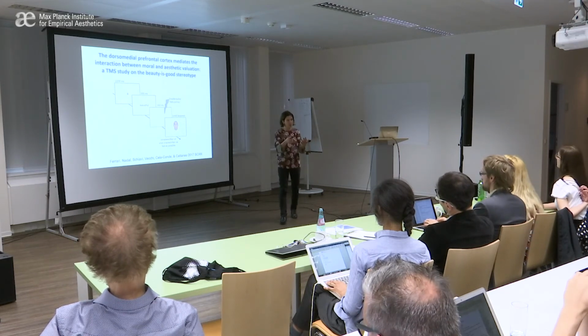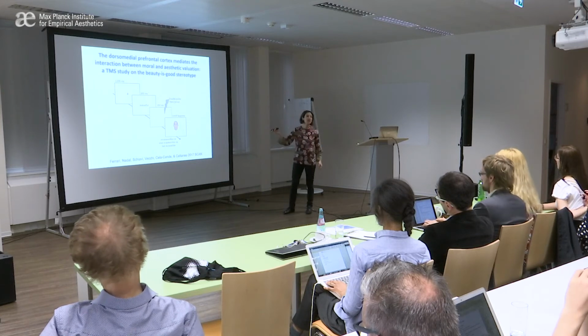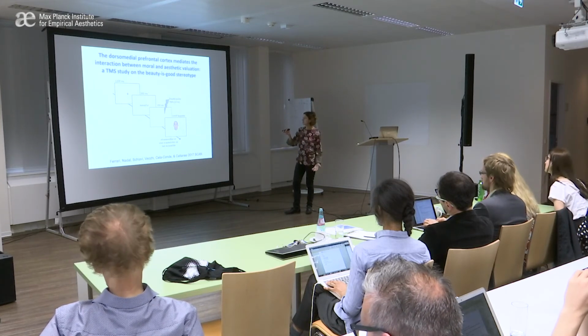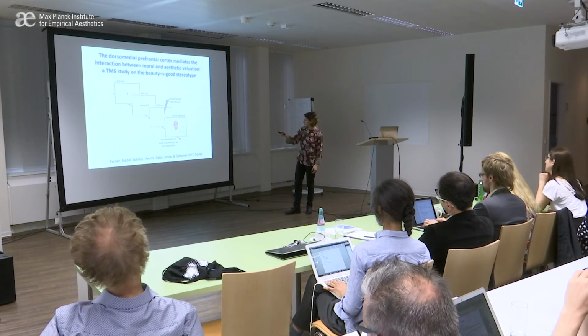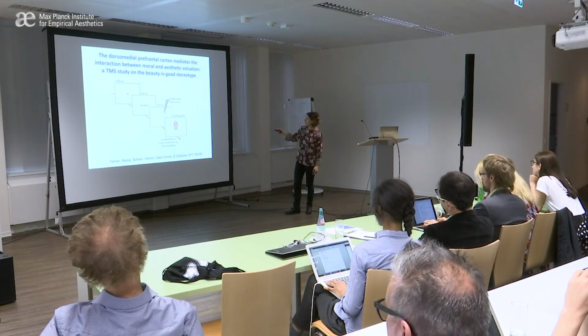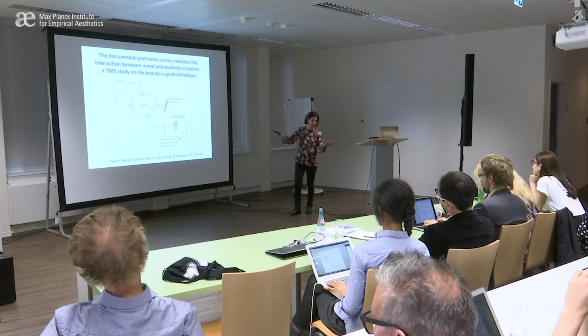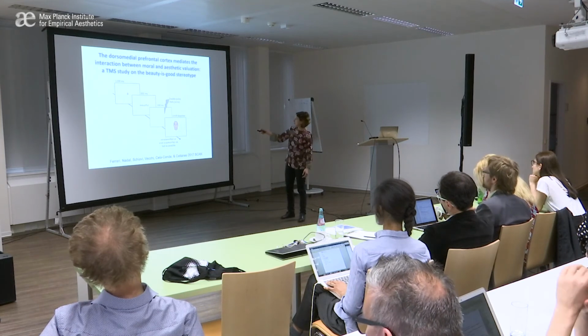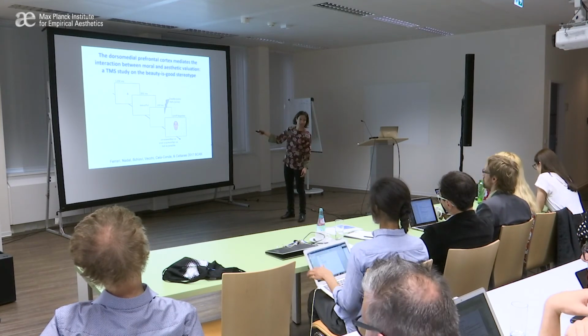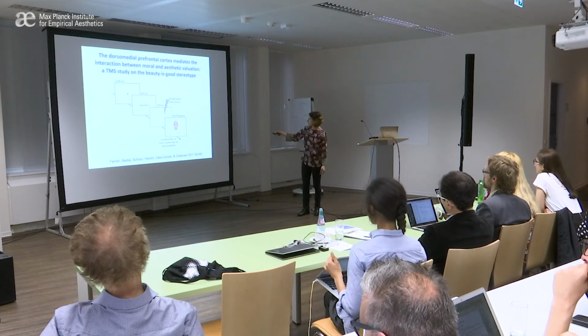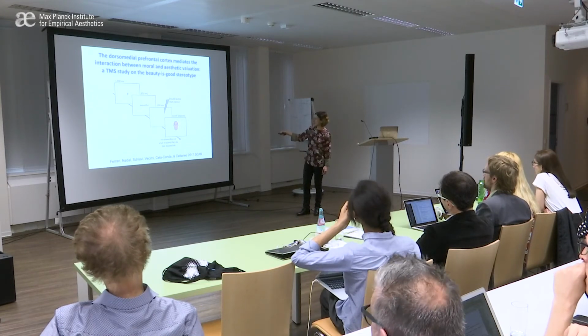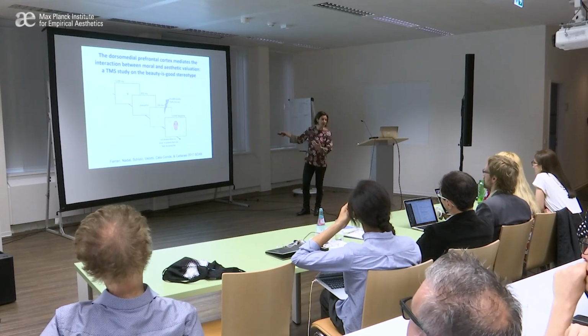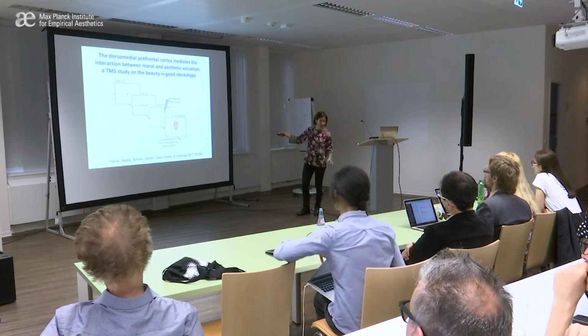So what we did was to test for the beautiful is good stereotype in our participants, applying TMS on the dorsomedial prefrontal cortex. The experiment was quite easy. There was a priming word like beautiful, and then participants had to decide about the trustworthiness of a face, from the Todorov database.